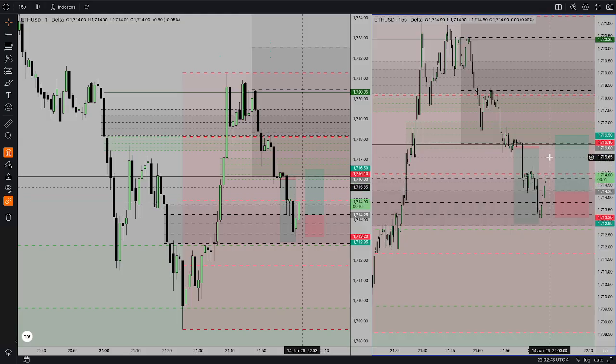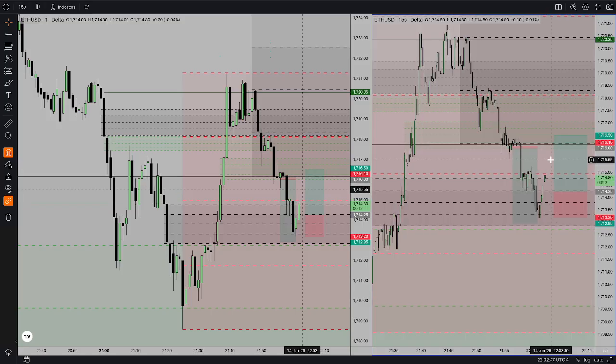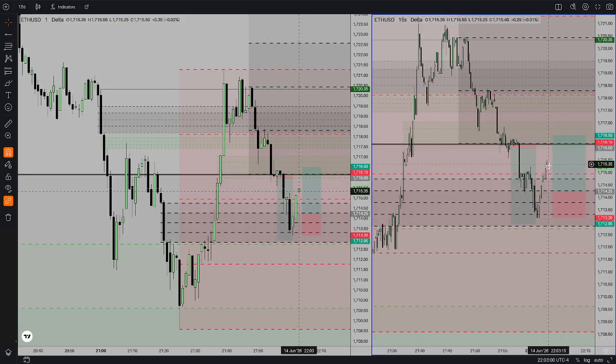This particular area. There we go. I want to see how it reacts in this particular CB.